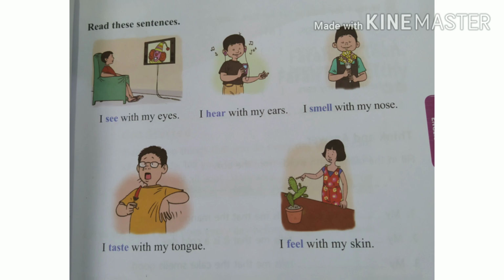So what is the use of eyes? We can see all the things around us. We can see all the nature, colors around us, trees, environment, everything with our eyes.